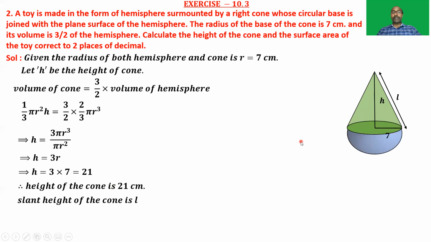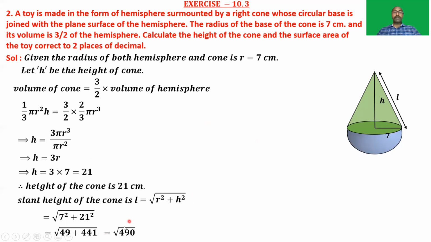So the slant height of the cone is L is equal to under root r square plus h square. By substituting r is equal to 7 and h is equal to 21, L is equal to root 49 plus 441, that is under root 490.